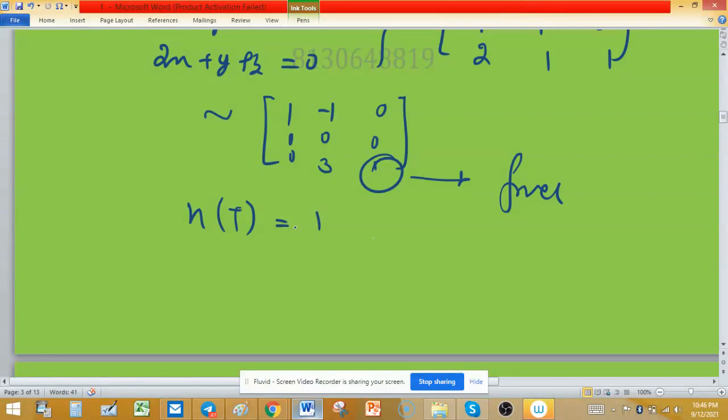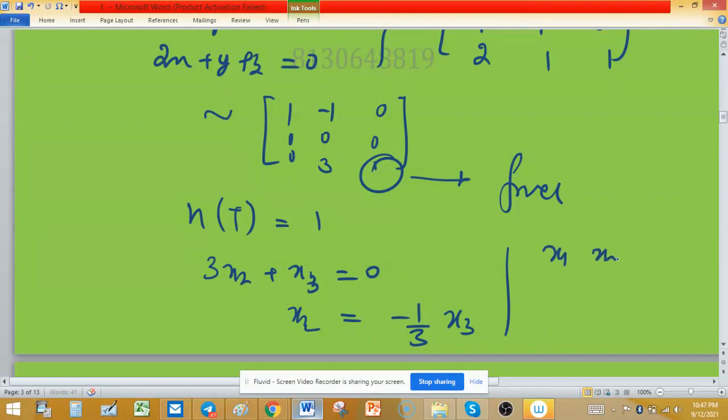As x3 is a free variable, using R3 I can write 3x2 + x3 = 0. So x2 = −(1/3)x3, and using R1, I can write x1 − x2 = 0, which means x1 = x2.